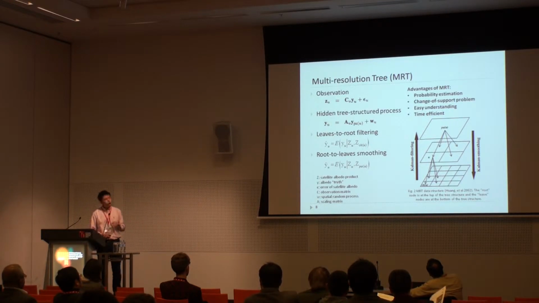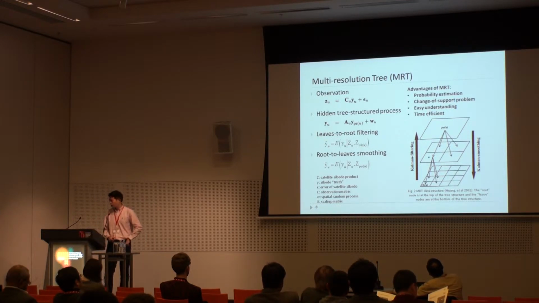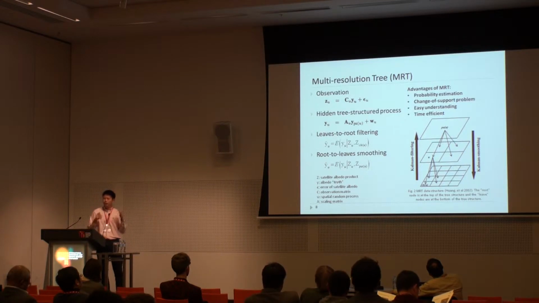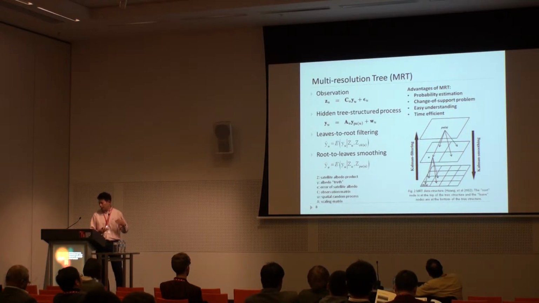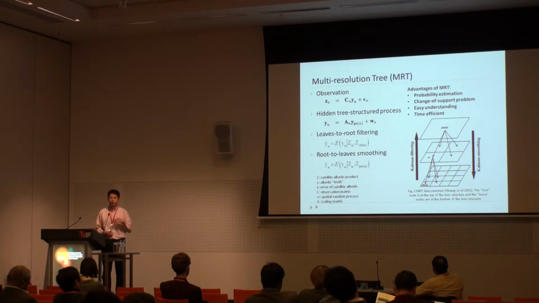This idea was proposed as early as 2002 for another product. The coarsest resolution data can serve as the root in a tree structure, and the finest resolution data product can serve as the leaf nodes in the structure.